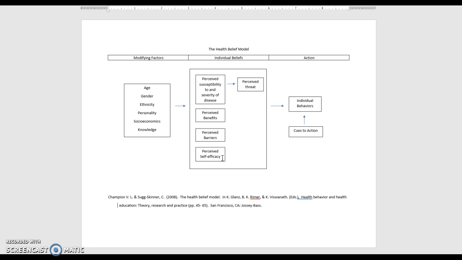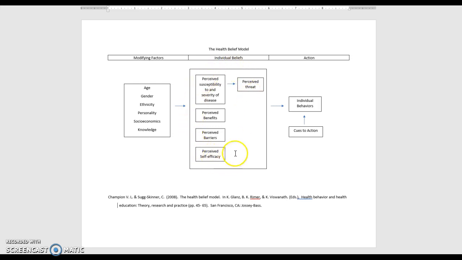Do they have the willpower to continue on with their smoking cessation program? Once they've stopped smoking, do they have the self-efficacy to never go back to becoming a smoker again? So that's pretty much what the self-efficacy component in the individual belief of the health belief model really represents.